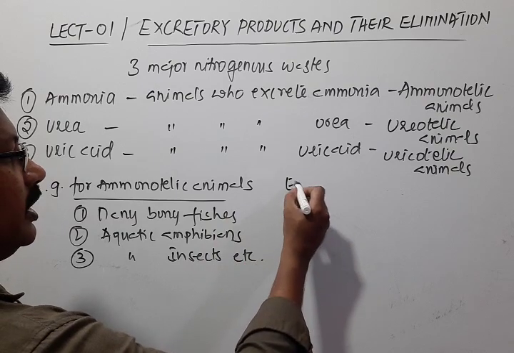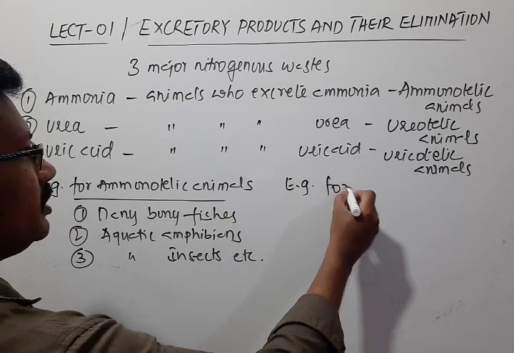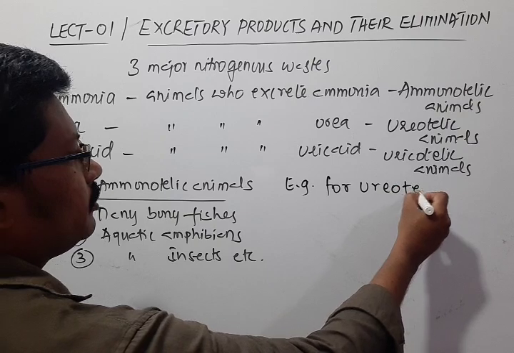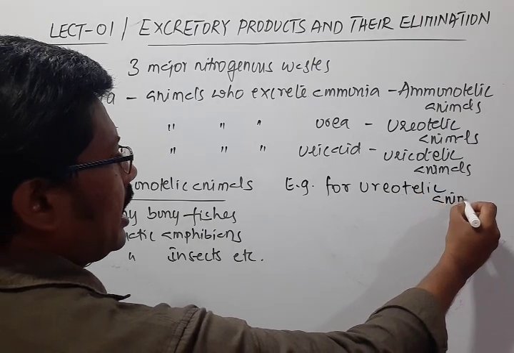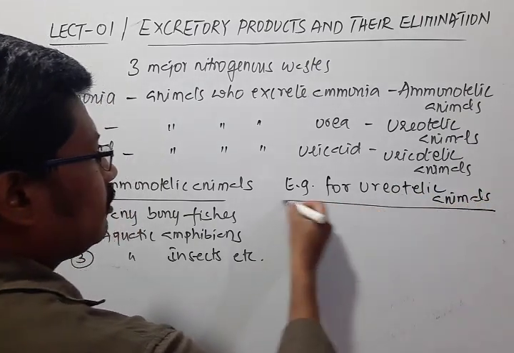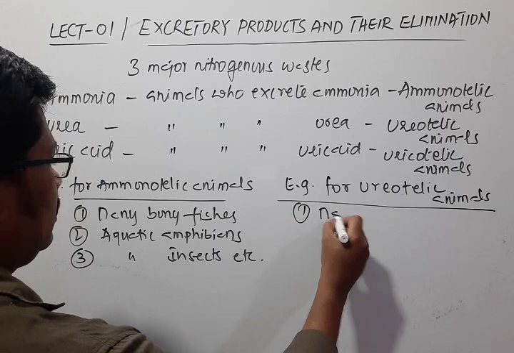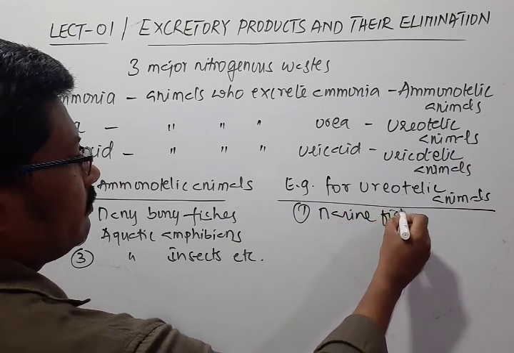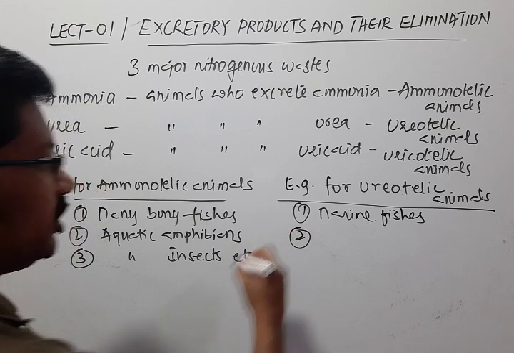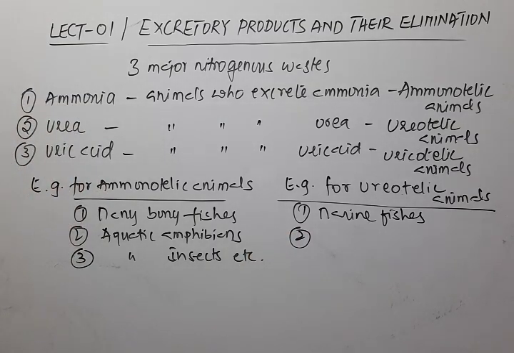So I'll mention here examples for ureotelic animals. So these include one, marine fishes like sharks. They produce urea, and some of them even store urea in the body to maintain osmolarity.